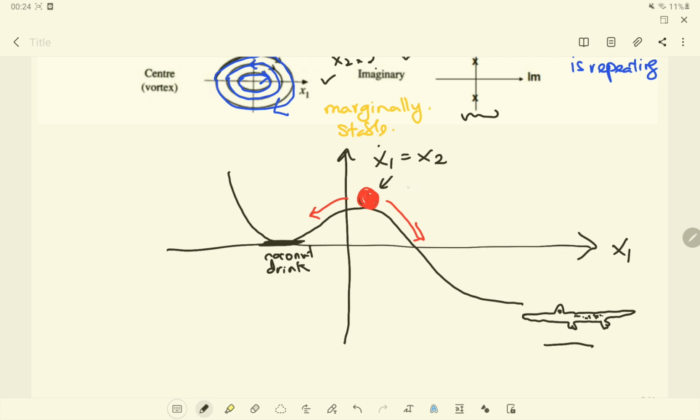So what is here? Here is the risky position. Like 50-50, either die or joy. So here, what we call an unstable equilibrium point.